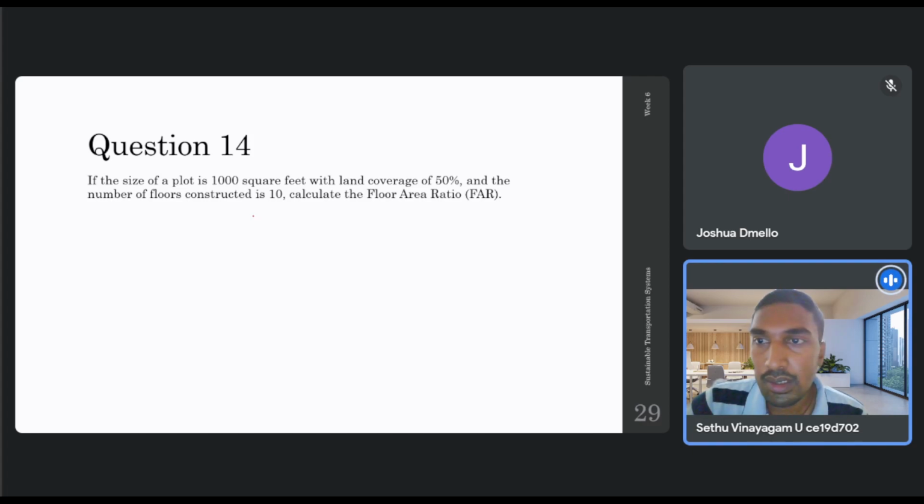Question number 14 is, if the size of a plot is 1,000 square feet with the land coverage area of 50% and the number of floors constructed is 10, calculate the floor area ratio. The options are 5, 10, 15, and 20.